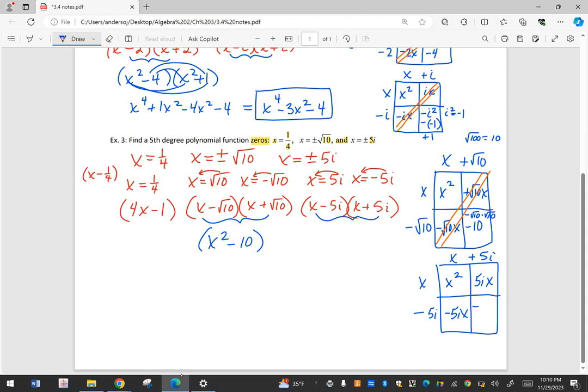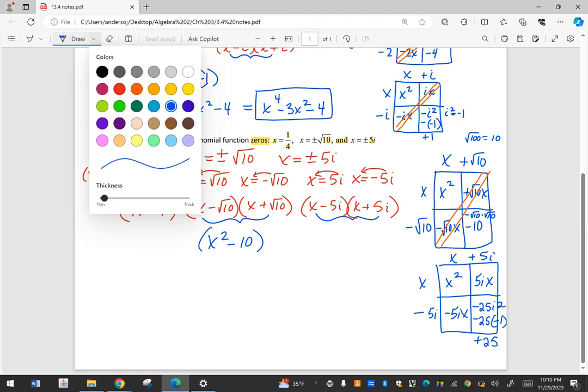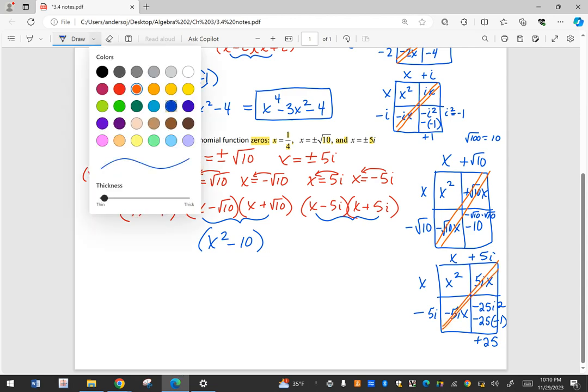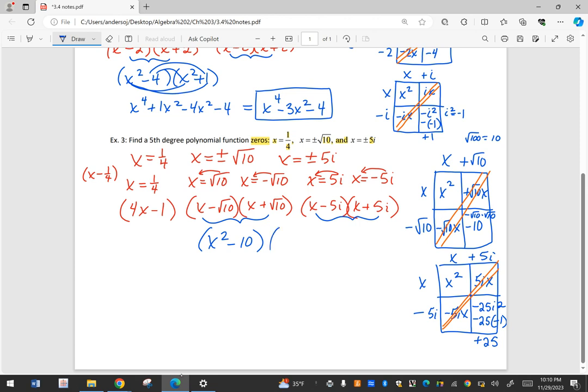So I'm going to have negative 25i squared. Now, that's negative 25 times negative 1, which is going to end up giving me a positive 25. Reminding myself that that diagonal on this one is going to cancel out because I'm multiplying with that conjugate. And when I group those together, I'll have x squared plus 25.